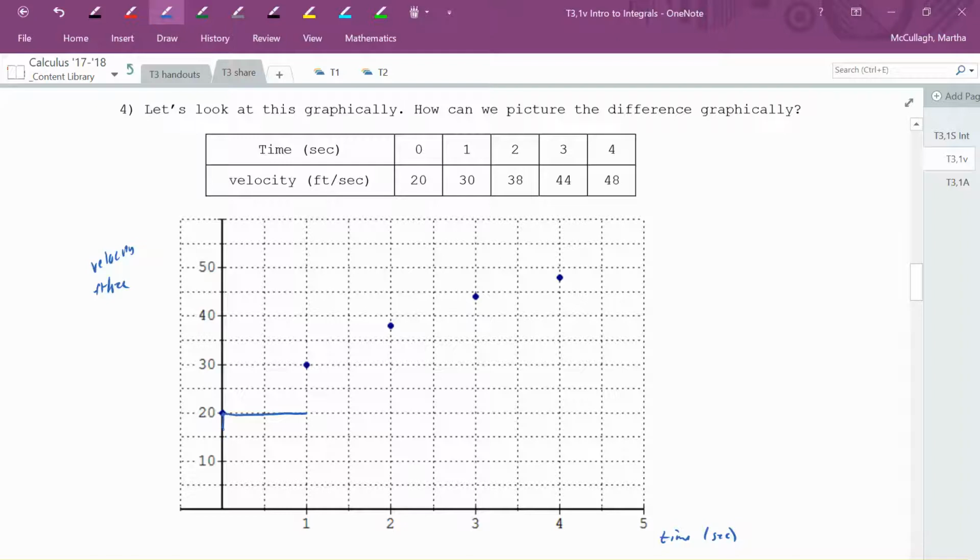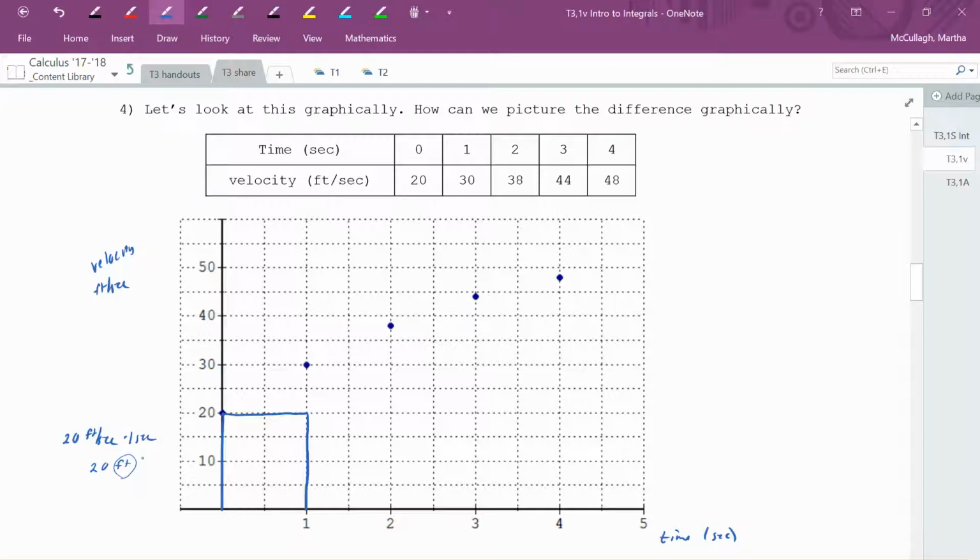If I take that 20 feet per second for this entire 1 second interval and multiply it by that 1 second, well, I'm getting the area of this rectangle. And the area of the rectangle is the 20 feet. So we see that the area of this rectangle represents the distance.